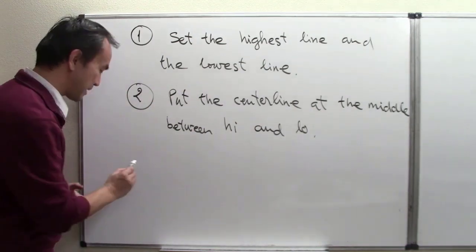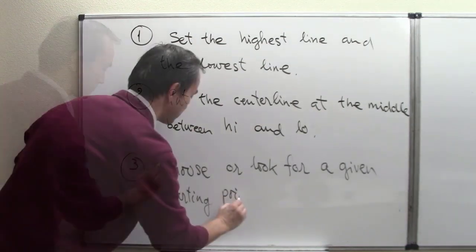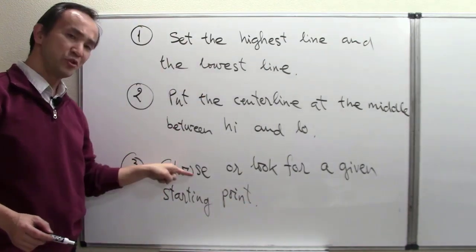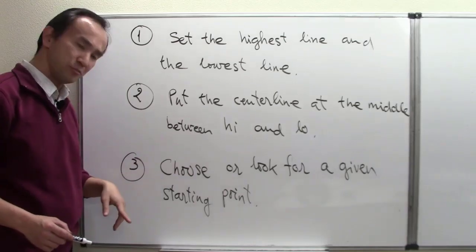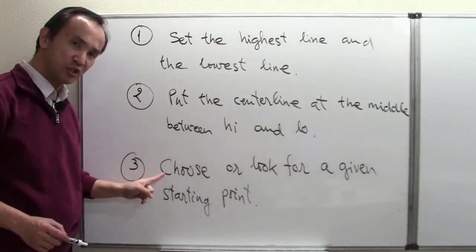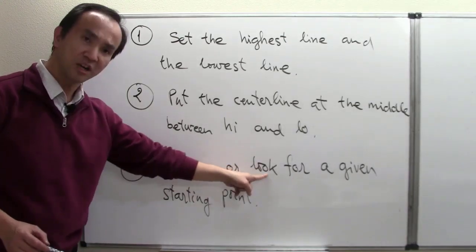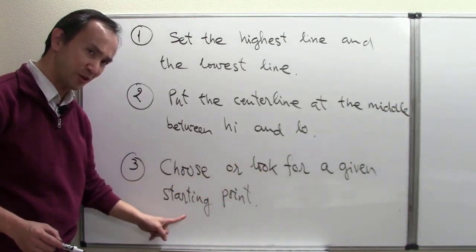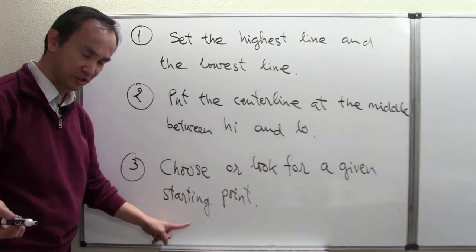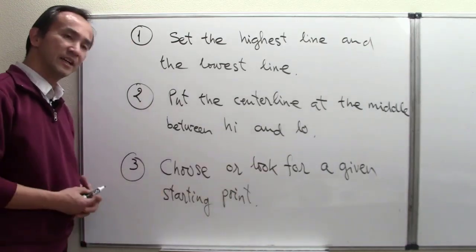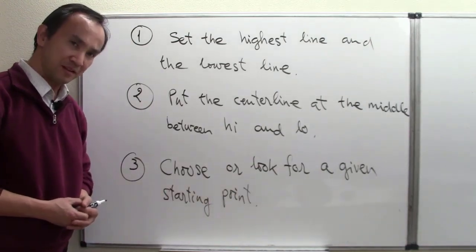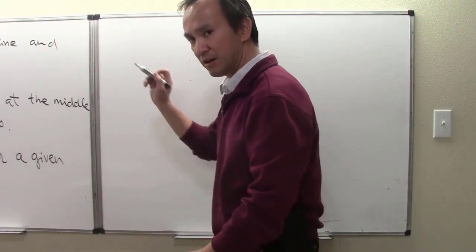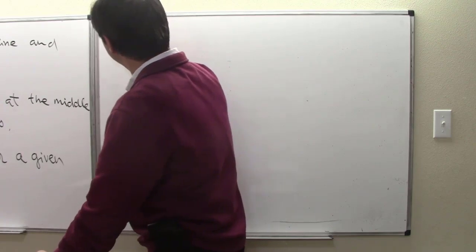The third step is to choose, as you have seen me doing on the board earlier, a starting point. Either you choose a starting point on your own, you have control over that, or you can look for a given starting point according to the worded description of the problem.